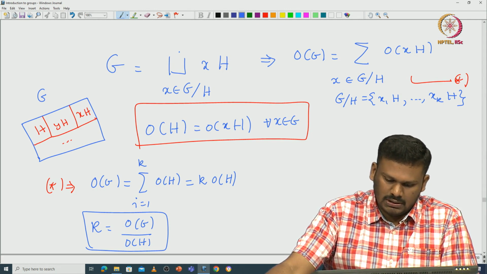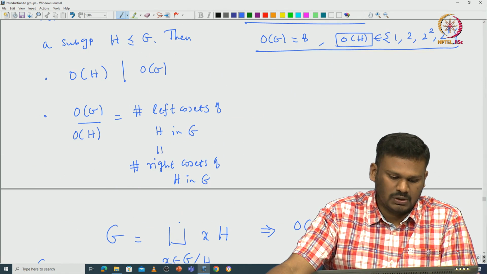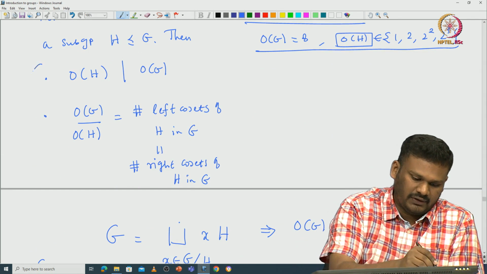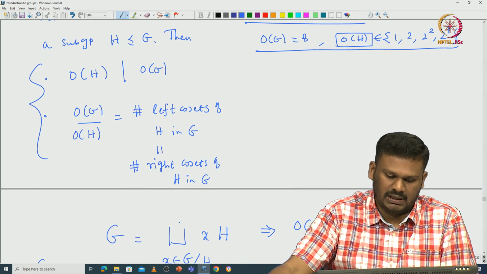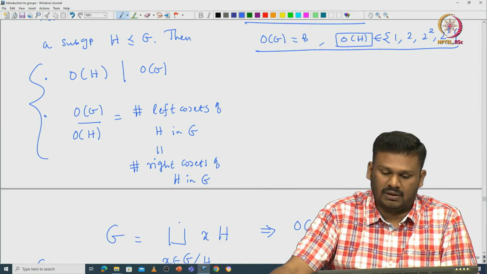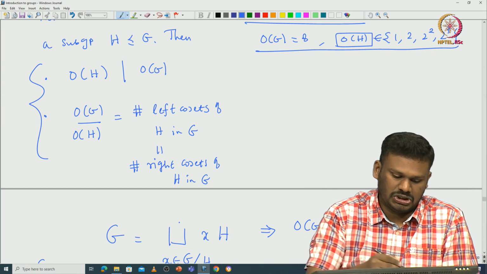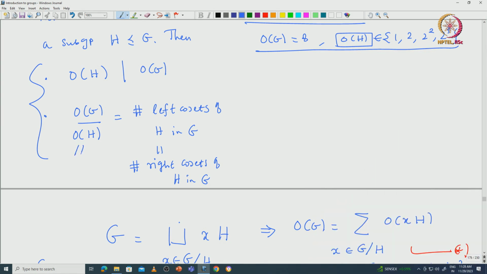So, that proves both statements in one go: the order of H must divide the order of G, and the ratio is the number of left cosets of H in G. In literature, this ratio is often defined to be the index of H in G.